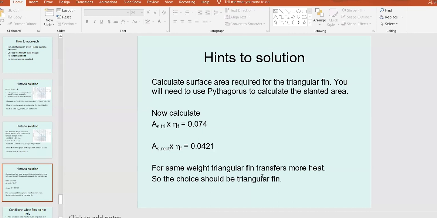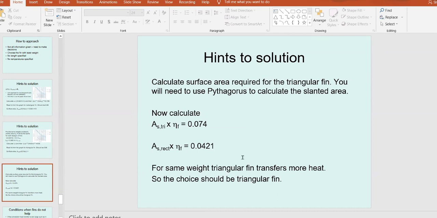So these two sides and square root, that gives you the hypotenuse times the length unity. So you should be able to find out the surface area for the triangle. Surface area for rectangle already বের করেছি, and these are the numbers you will get.